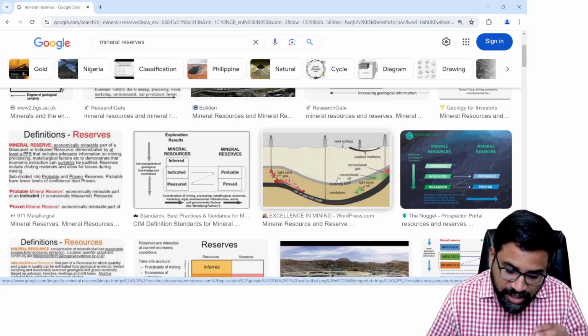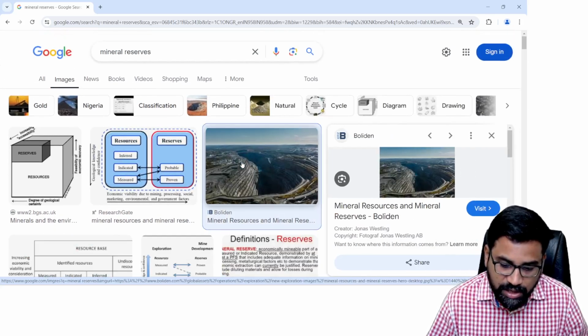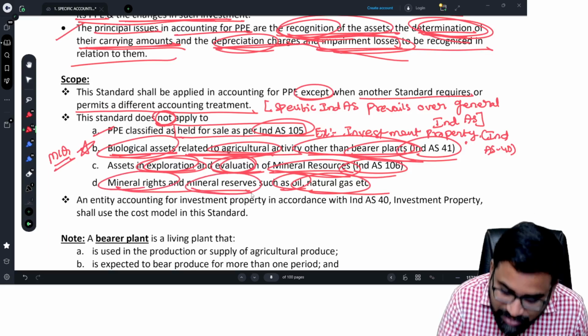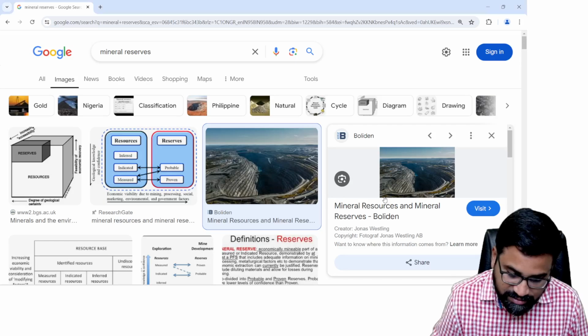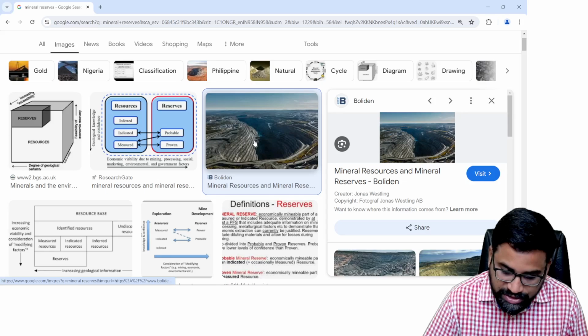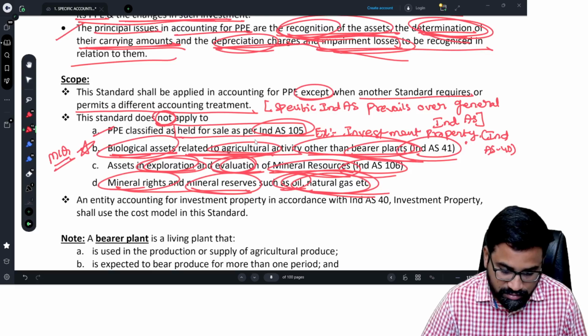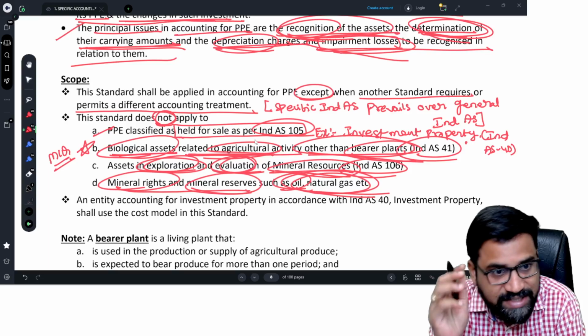To explore any mineral reserve, we need to get a license from the government. Any kind of right we get is also not covered. These kinds of explorations are done in different places. So, there are four exceptions for IND AS 16.